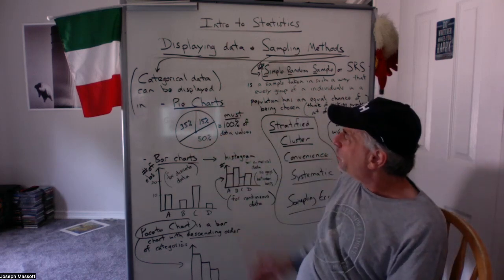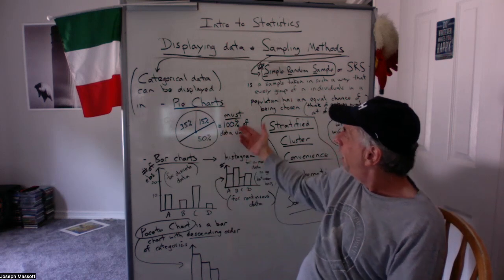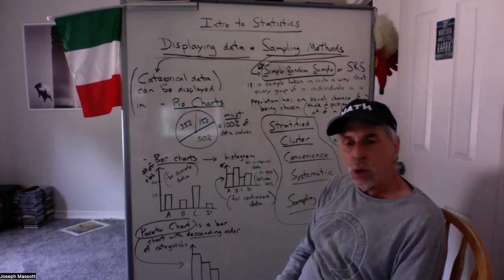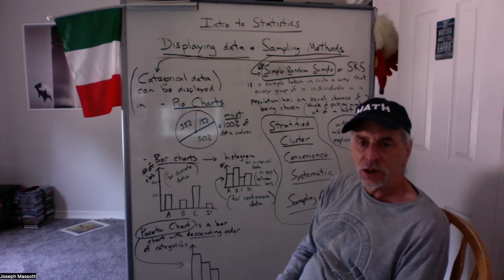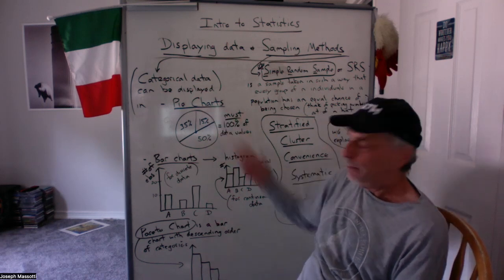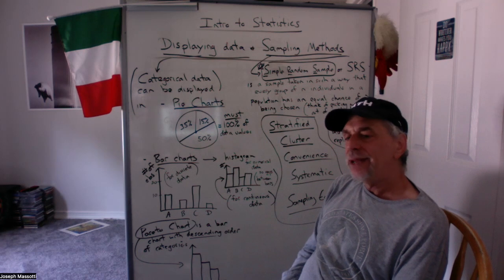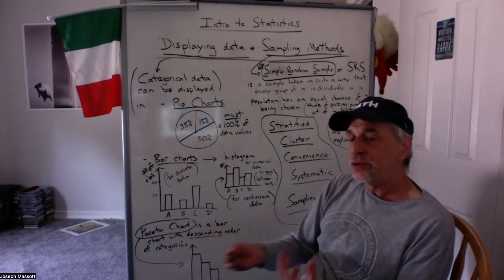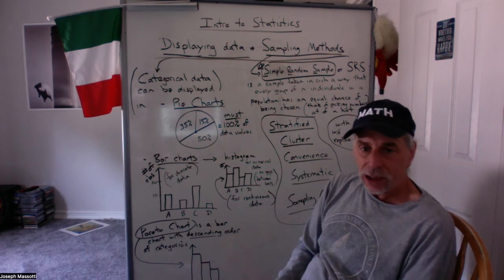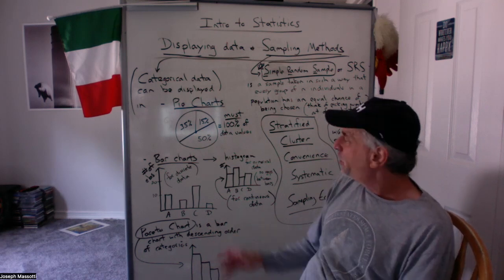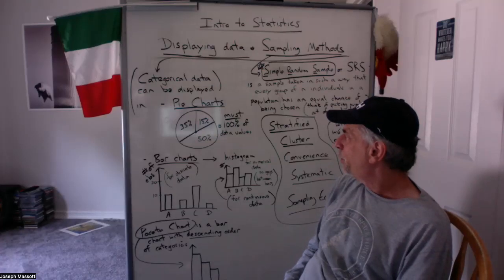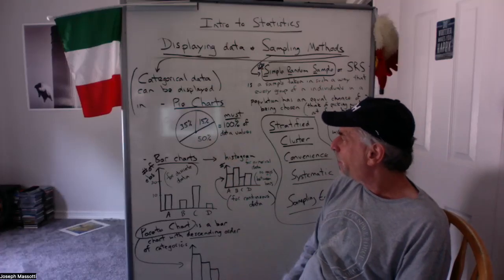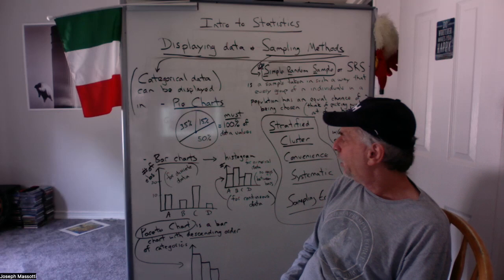Now, when you use a pie chart, you have to have the total add up to 100% of the circle of the pie, right? So sometimes you'll have data that don't add up to 100% or maybe more than 100% if somebody can answer 2 different categories as an answer, but a pie chart must add up to 100% of the data. And pie charts are only going to be used again for categorical data.